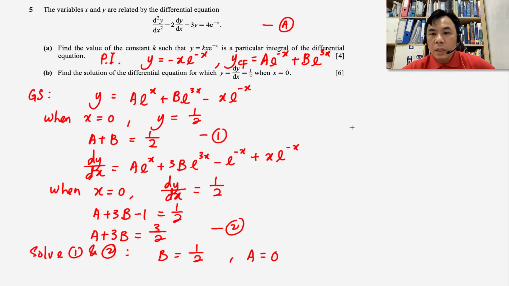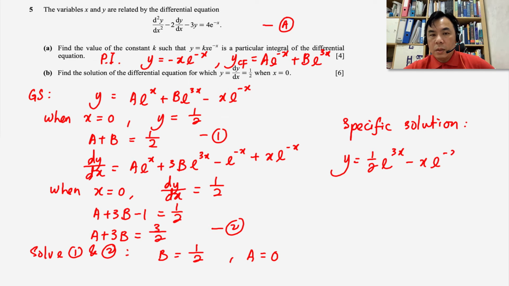Then finally, our specific solution, or particular solution, sometimes we call it, is given as y equal to, our A is 0, so only B is left, that is half e^(3x) minus x e^(-x).